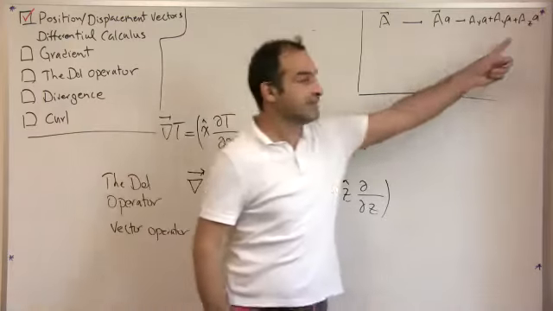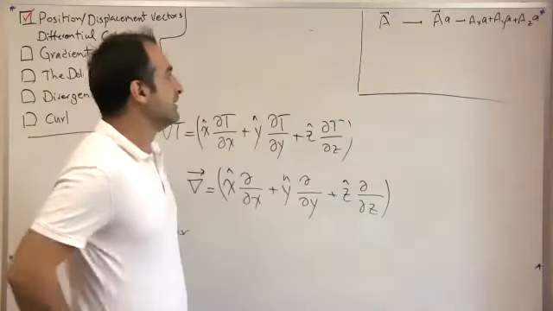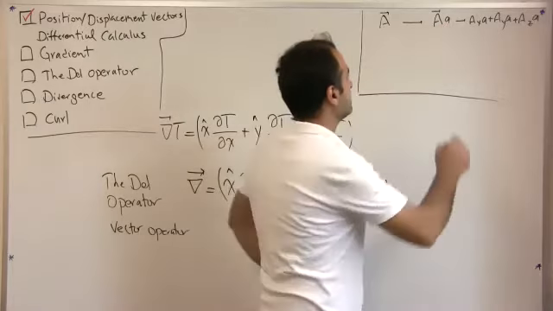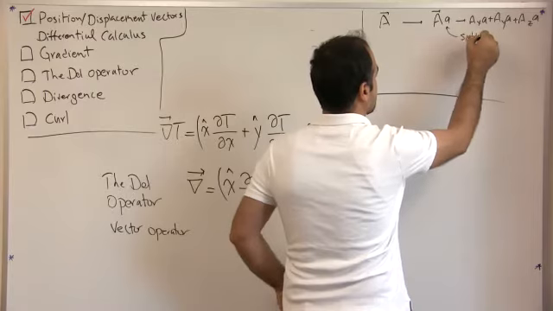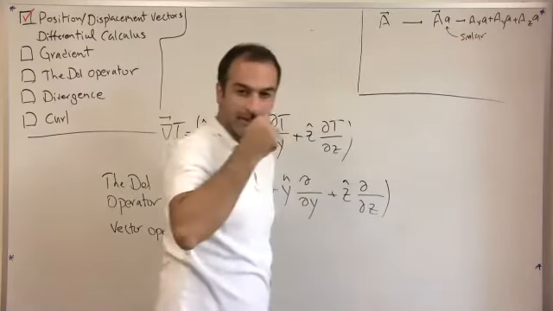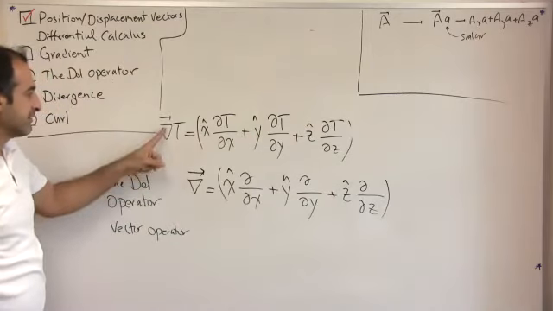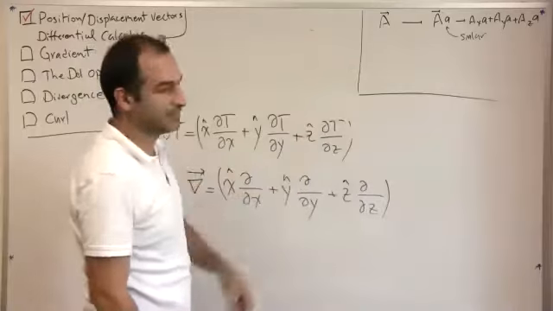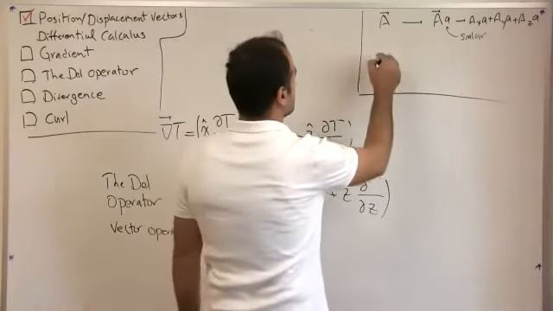Is it legible what I wrote here? Okay, so this is a simple vector multiplied by a scalar. Very similar thing: we have a vector operator, and this time the vector operator acted on a scalar, and then we have everything multiplied by T.